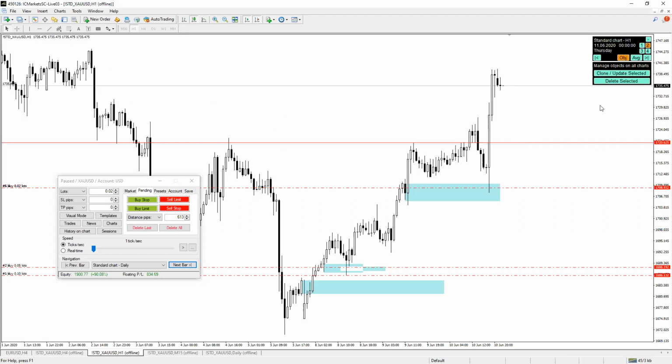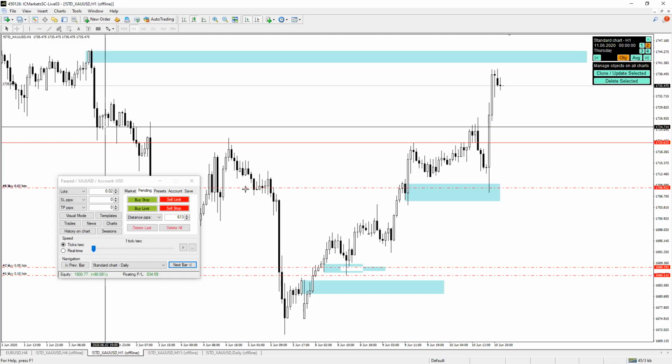So we have said that we'll be taking some intraday sells. So if the price gets to our said level, then that means we'll be looking for sells from around there. Actually, I think we've tapped it, but if we see price come back to this area, let's put some pendings there.